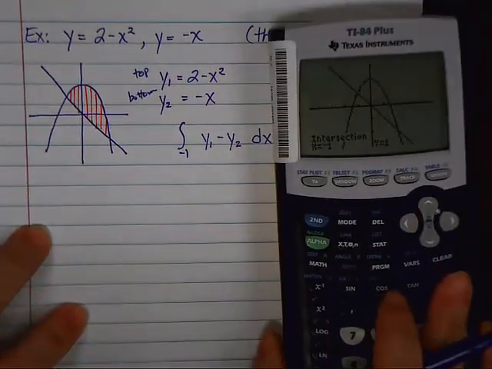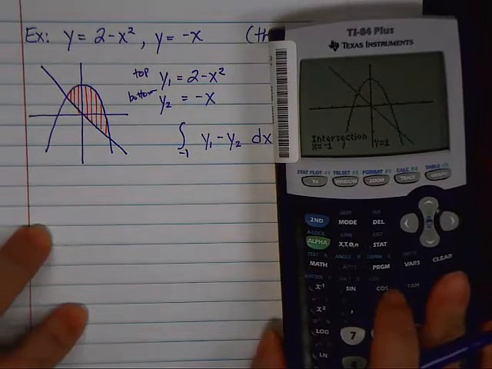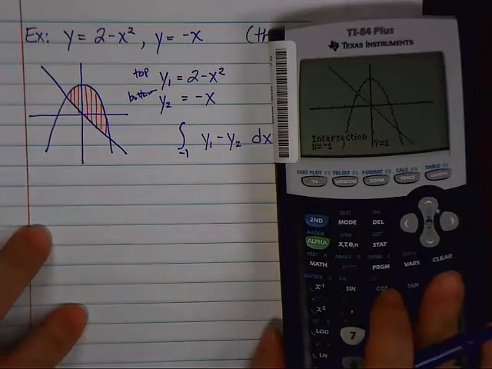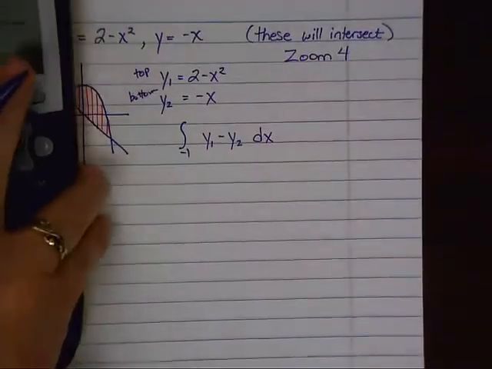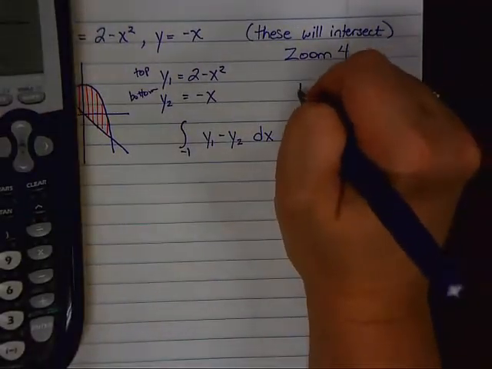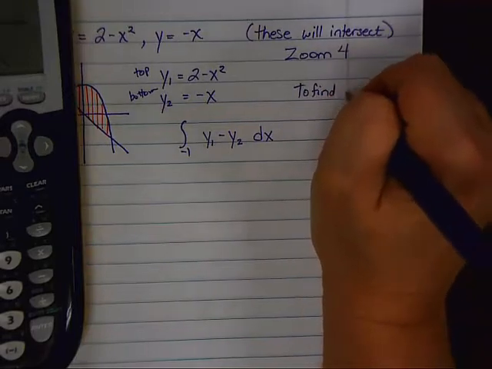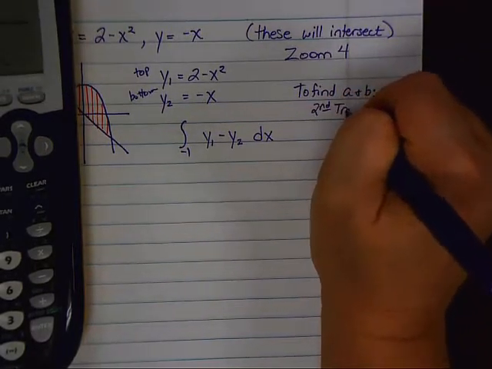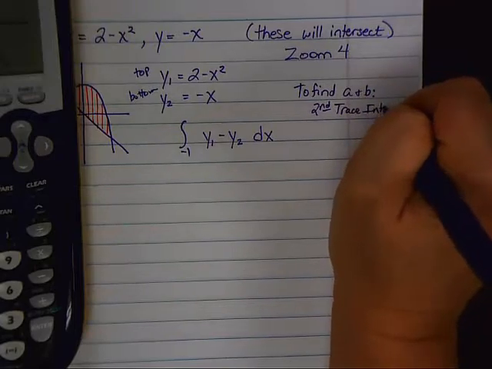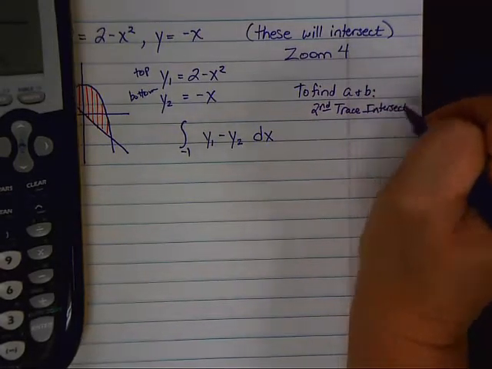I want you now to go back and find the right-hand limit. Do the intersect and guess where it is. So to find A and B, you do second, trace, and intersect.